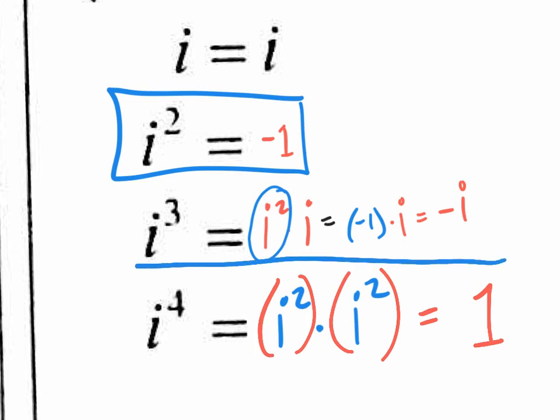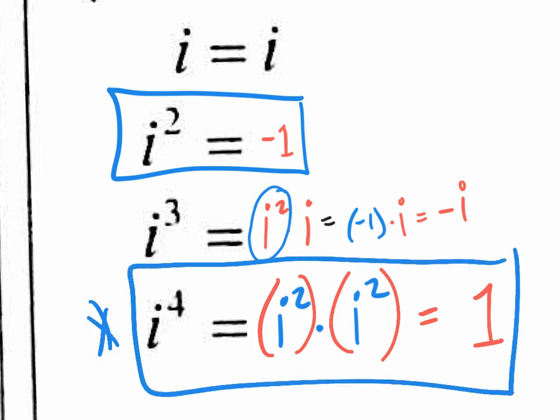I love this one, guys. Box it in, highlight it, circle it, put some stars next to it. Both of these are awesome. i squared equals -1, and i to the fourth is +1. Turn to a partner, tell them i to the fourth equals +1. That's right. i to the fourth equals +1. We're going to love this. We're going to use this.